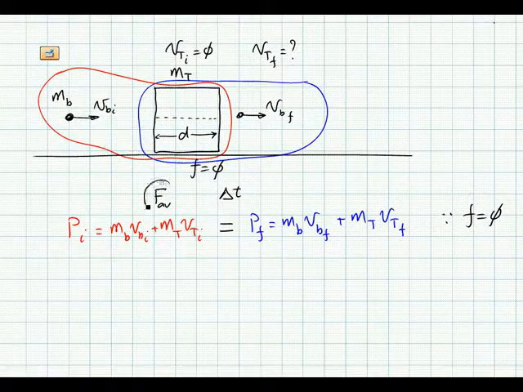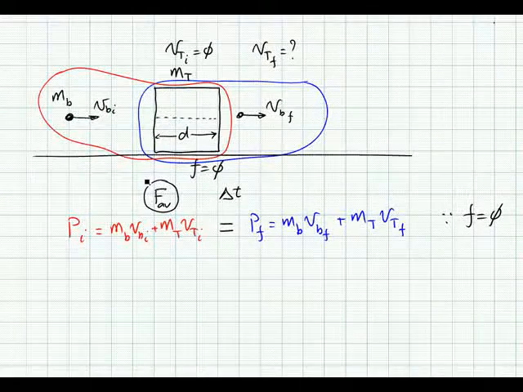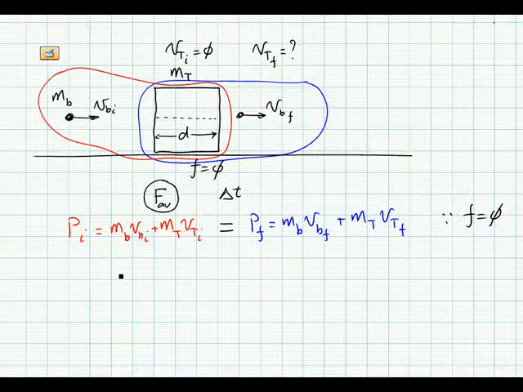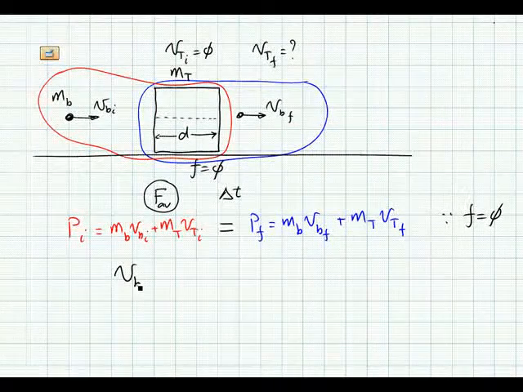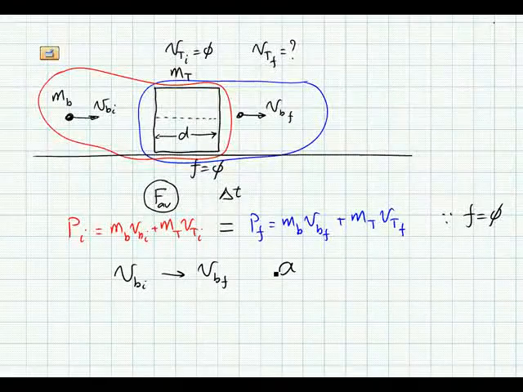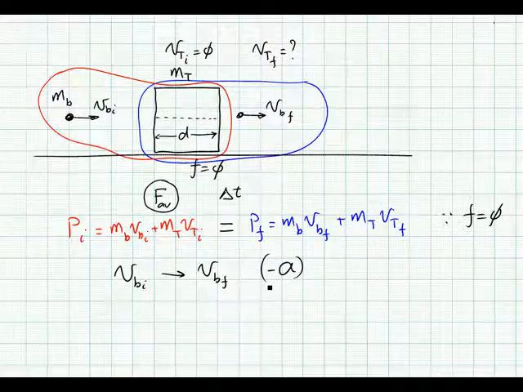Now we're also asked to figure out what the average force is that the target exerts on the bullet to slow it down. Well, we know that the velocity of the bullet goes from velocity bullet initial to velocity bullet final. So there is a negative acceleration involved while it passes through the target.